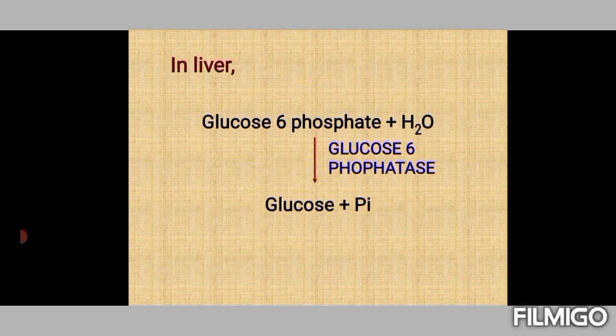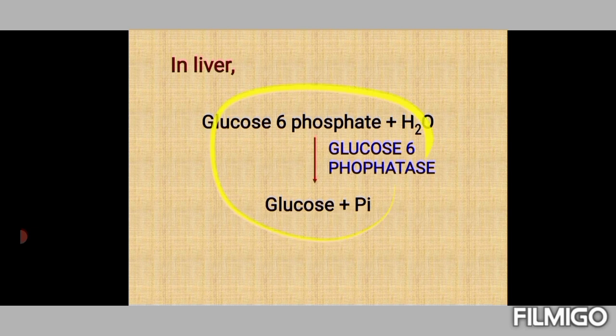So obviously when glucose units are there inside the cell, it can easily cross the membrane of the cell, as happens in liver. So the released glucose is transported across the liver cell membrane to reach blood circulation, and through blood circulation it reaches the whole body, the whole tissues and cells.